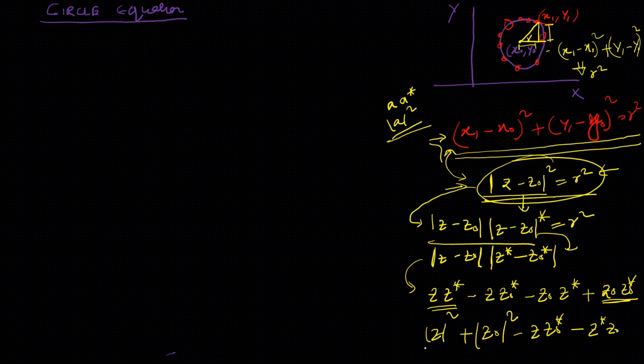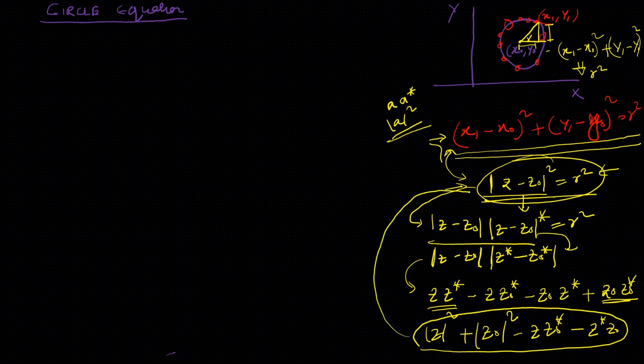And why am I doing these things, it will become relevant a little later, but you need to remember this thing. It is coming out from our circle equation. So if anywhere I get something in this form, then quickly I can tell that it is the equation of a circle with z naught as my center, and this is equal to r square, where r is the radius. I have just omitted it.